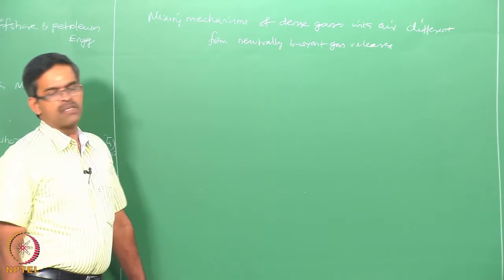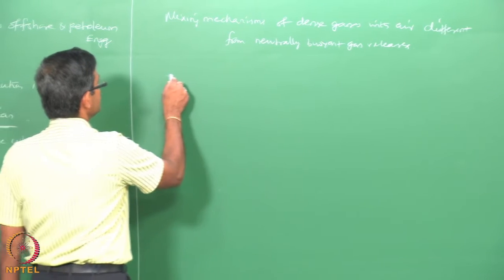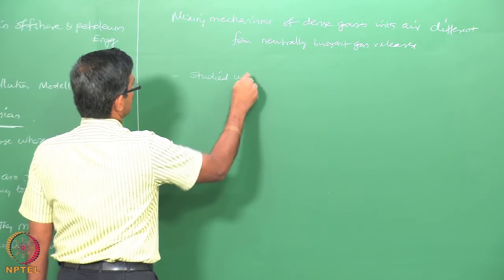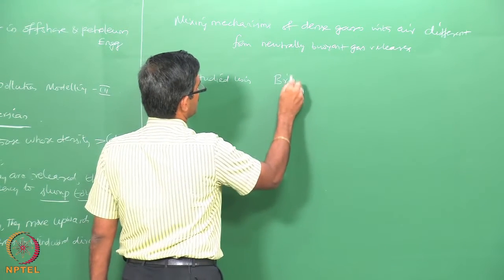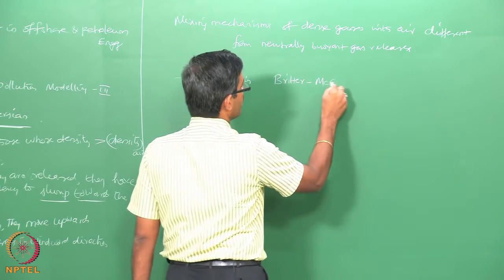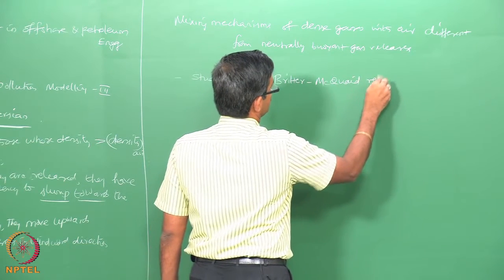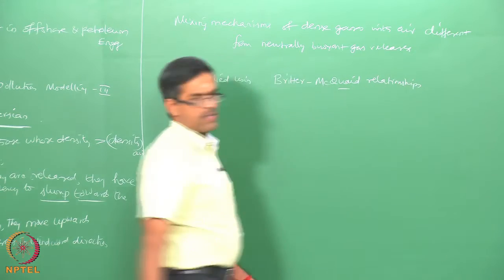Now, the gas dispersion model of dense gases is generally studied using Britter-McQuaid relationships, which we will see now.